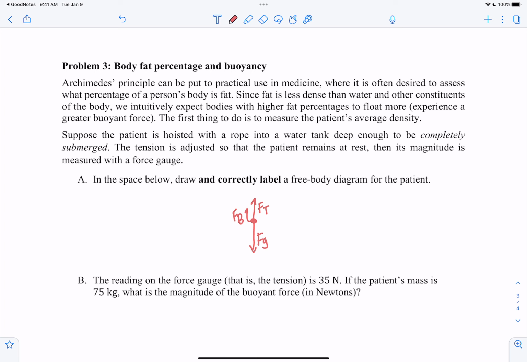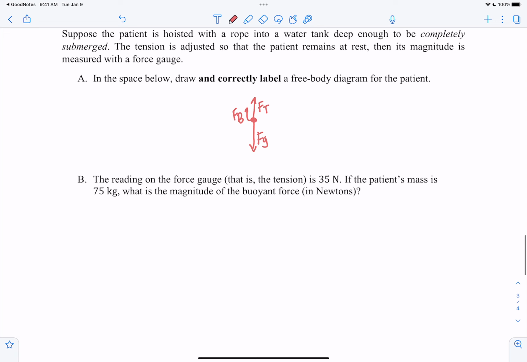Okay, cool. So that's our free body diagram there. We have buoyancy pointing upwards. When you're submerging something underwater, the buoyant force is going to help that object move upwards and float, basically. Gravity is pulling it downwards. The tension is pulling on that person upwards. So that's our free body diagram for part A.